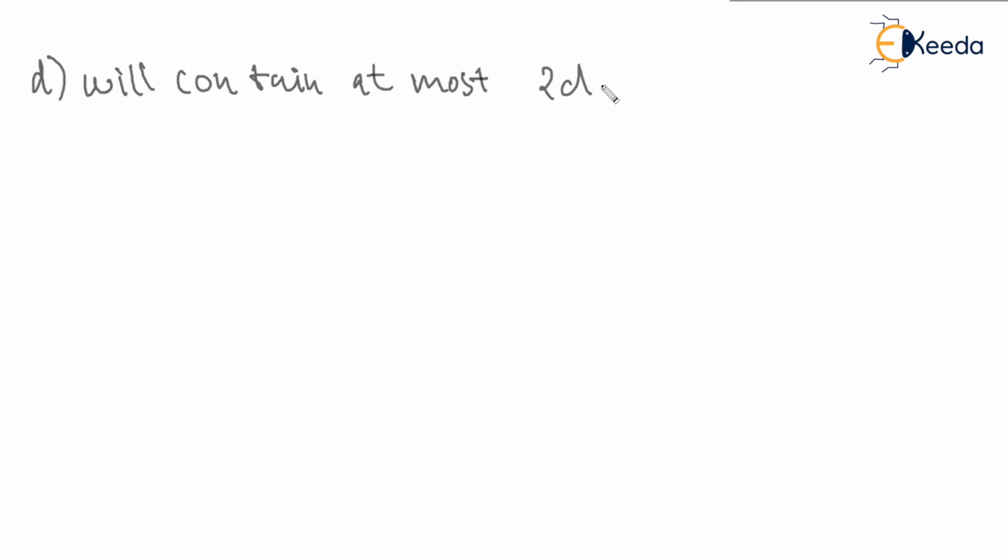Let's see one more part. Let's say D is will contain at most 2 defective screws. That is, x is less than or equal to 2.